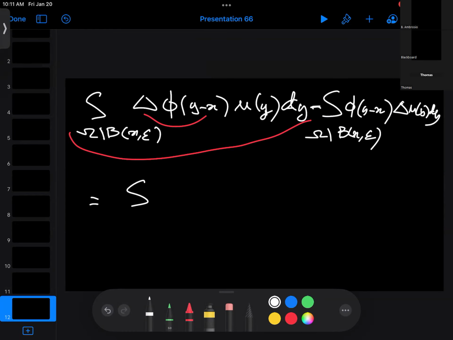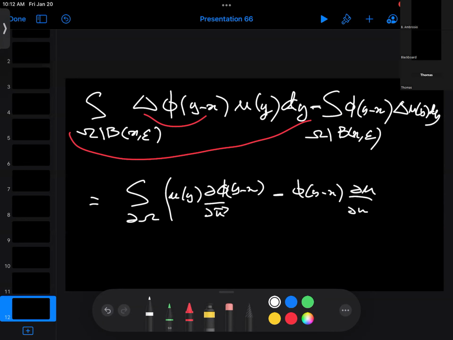I have the boundary of omega, so this will give me the integral of u(y) dphi/dn(y minus x) minus phi(y minus x) du/dn(y) d sigma(y).